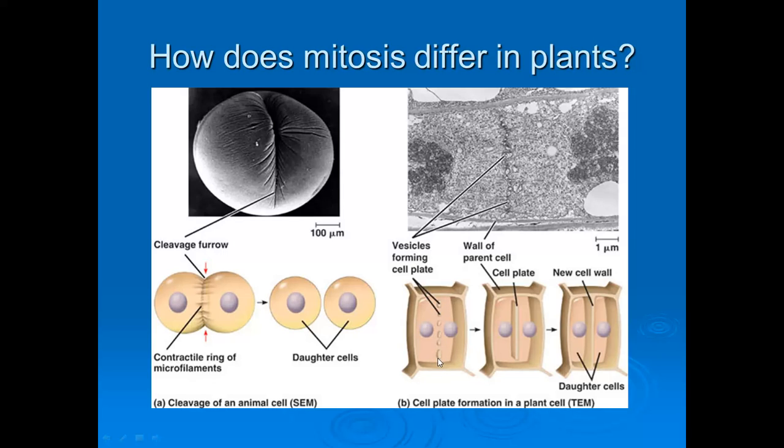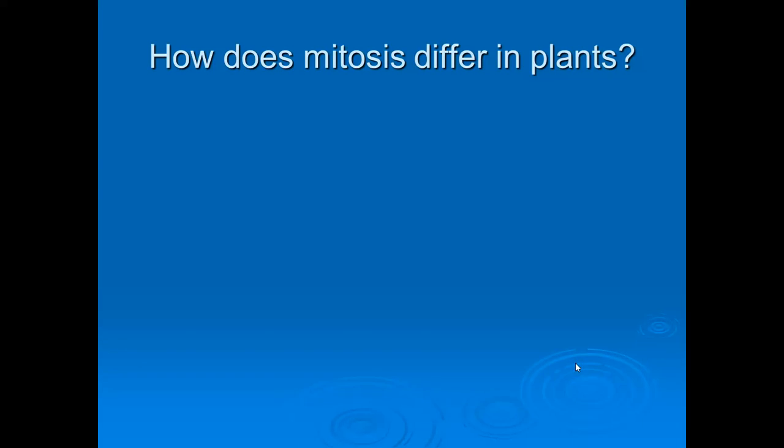And remember, the cell wall is made of a sugar, so it's made of cellulose. All right, the cell plate extends outward and fuses with the cell wall, and that is going to eventually divide the cell into two new cells. Cleavage furrow, animal cell; cell plate, plant cell.